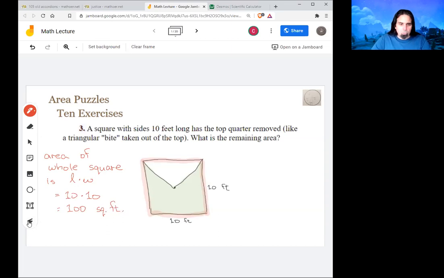Okay, now I need to get rid of this part because that's like a cookie cutter came and took a bite out of my cookie dough, right? How do I do that? I would divide it by 4. Yeah, you could find the area of the triangle, but that's kind of a trap. You could say, how big was this cookie cutter area that I punched out and got rid of?